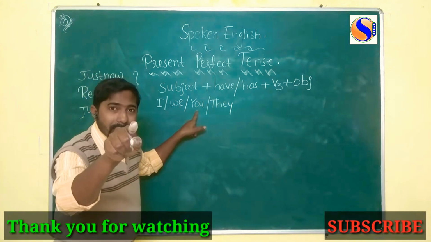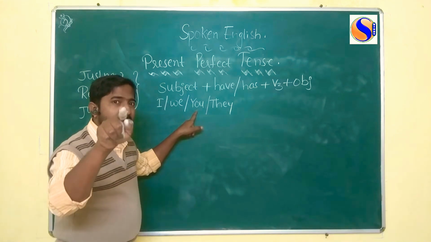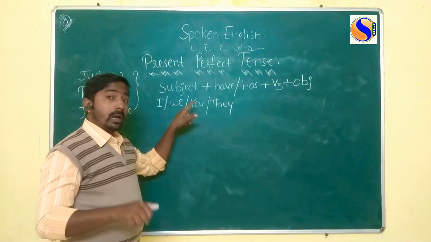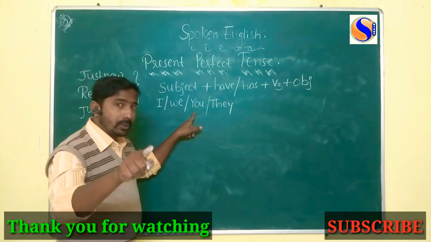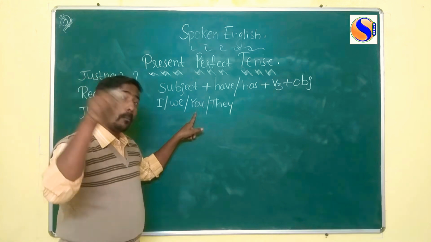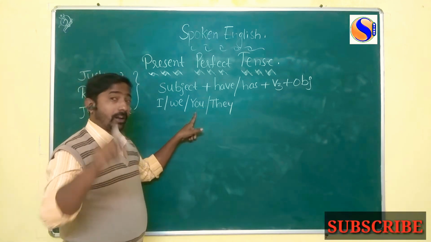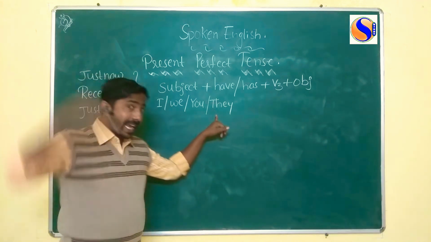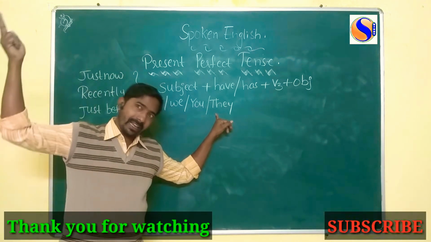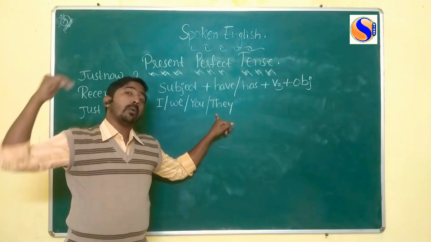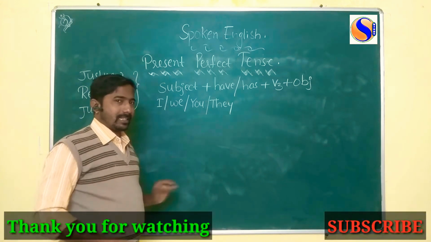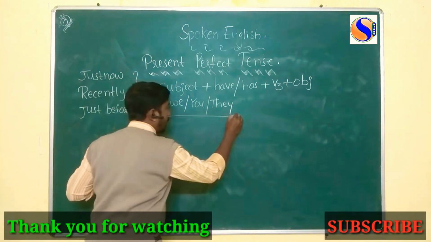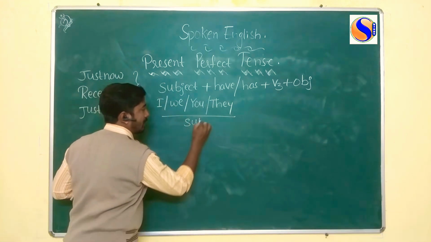You, second person singular, and as well as you, second person plural. For plural also the same word. They, third person plural. I, we, you, they. All this let us consider as a subject.